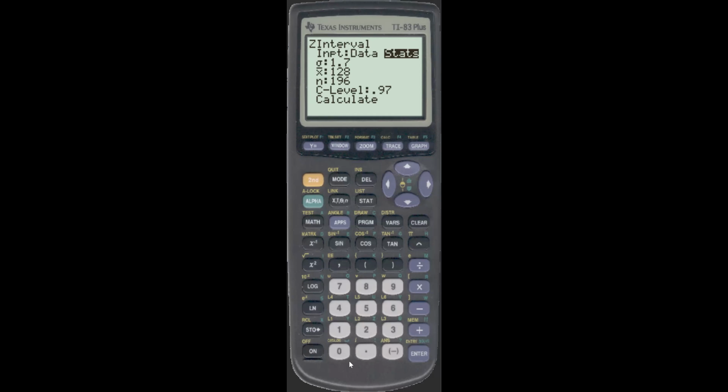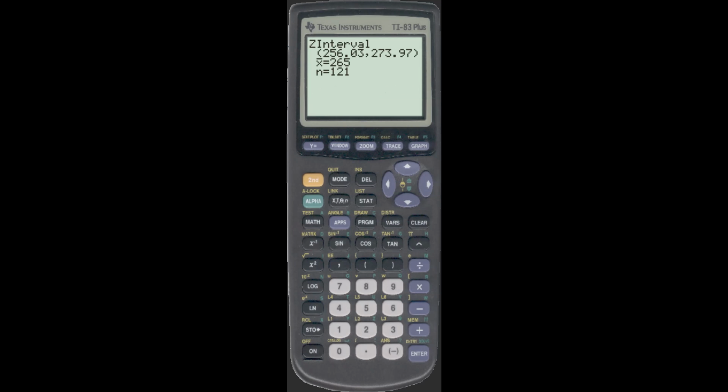All right, so we need the sigma. Sigma was 77. X bar was given as 265. N, sample size, 121. And C level, in this first one, it's asking for 80%, so that's 0.80. Again, if you're ever just like, I don't want to take a chance here, you can just divide by 100. It will give you the correct C level.